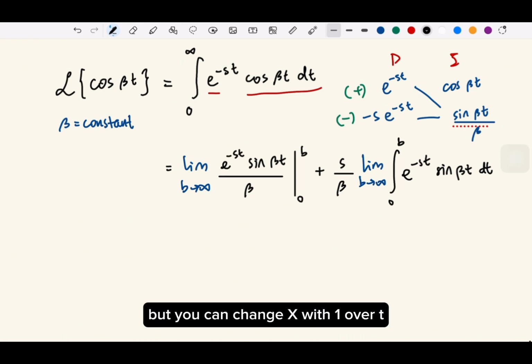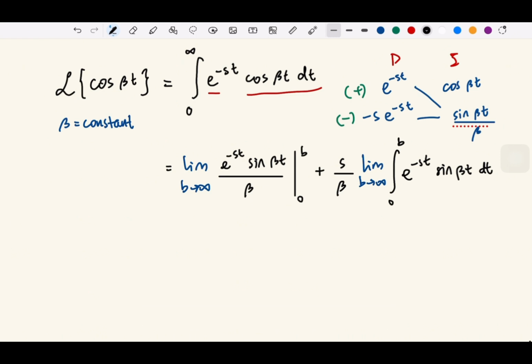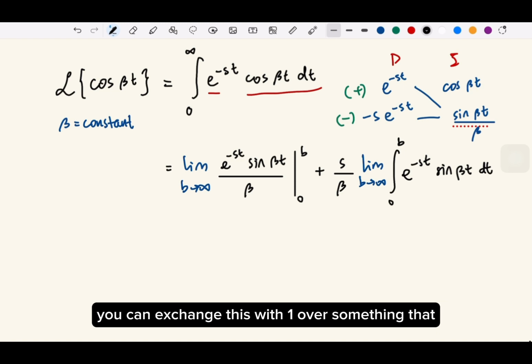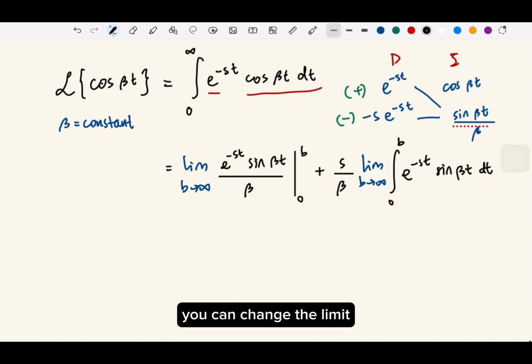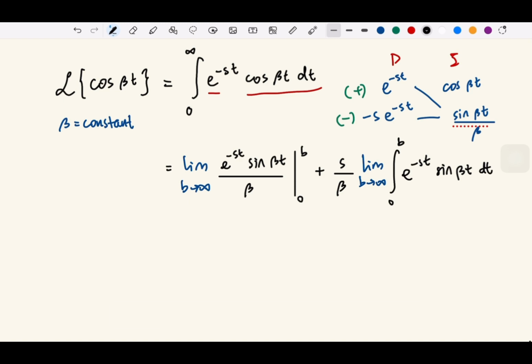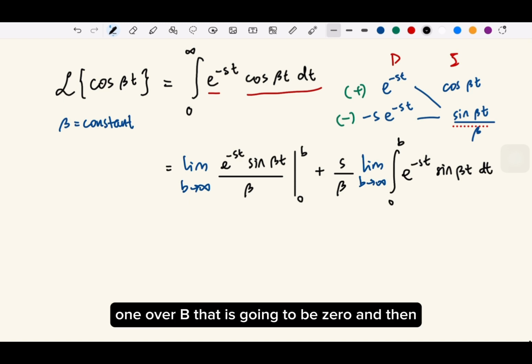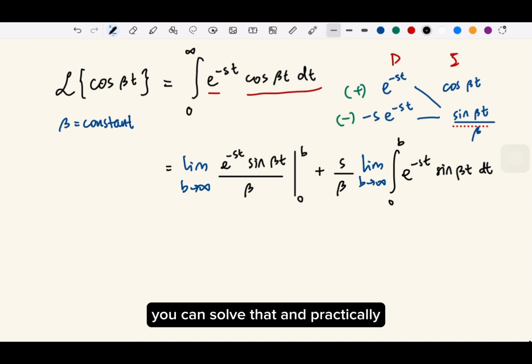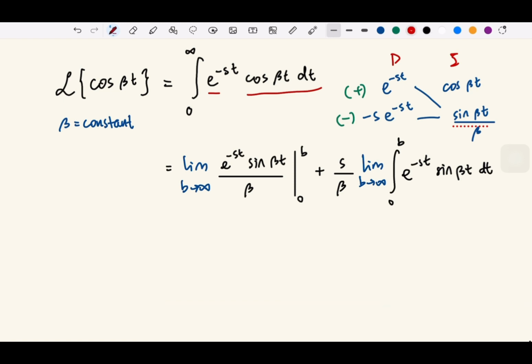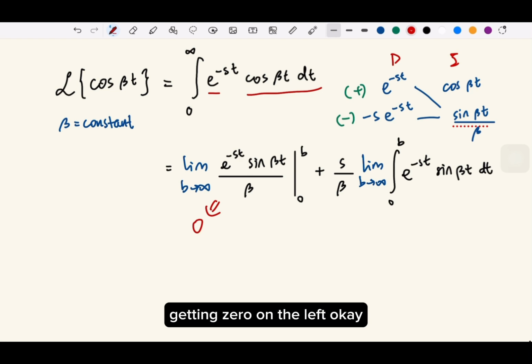You can change x with 1 over t, and change b into 1 over b going to 0, and then you will have the identity limit, and practically you get 0 on the left.